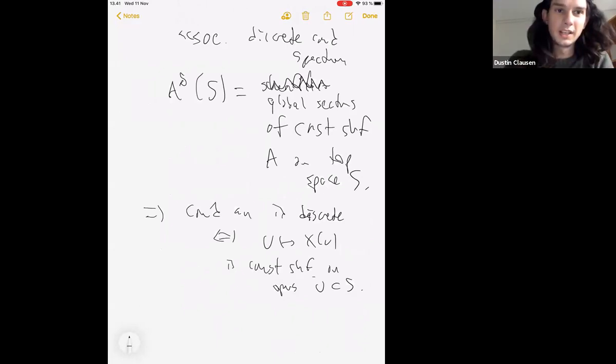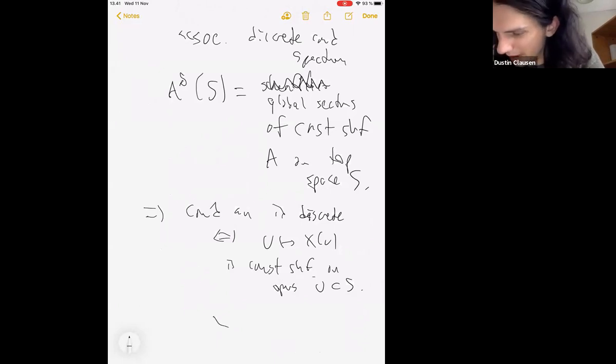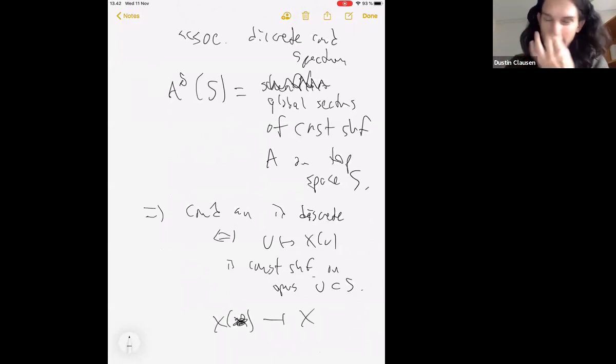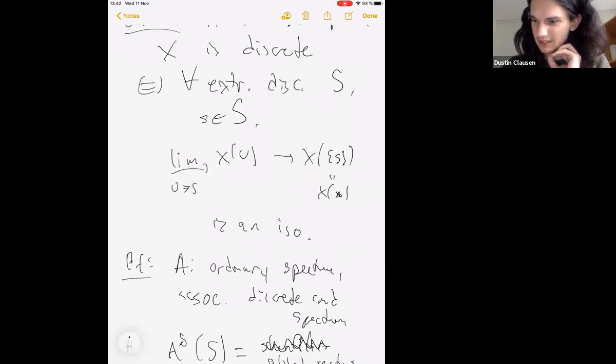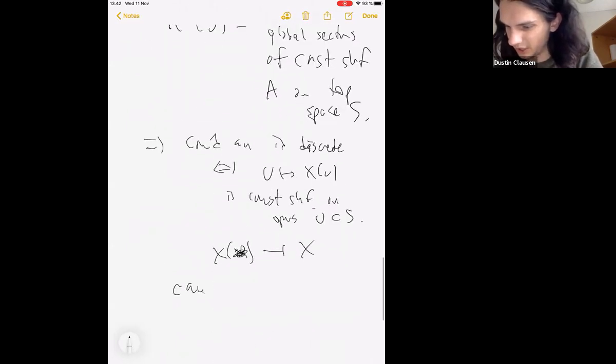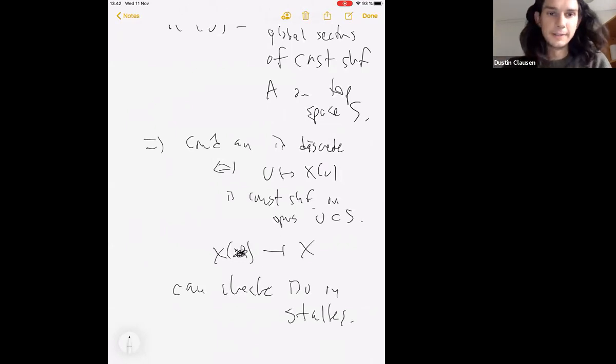And these extremely disconnected spaces are zero dimensional, and we have an a priori map from the discrete guy with the same underlying spectrum to our guy. And we want to test that we have an isomorphism on global sections. Then it's enough to test it on stalks because these are zero dimensional spaces. And then it becomes exactly this condition here. This is, we can check isomorphism on stalks.